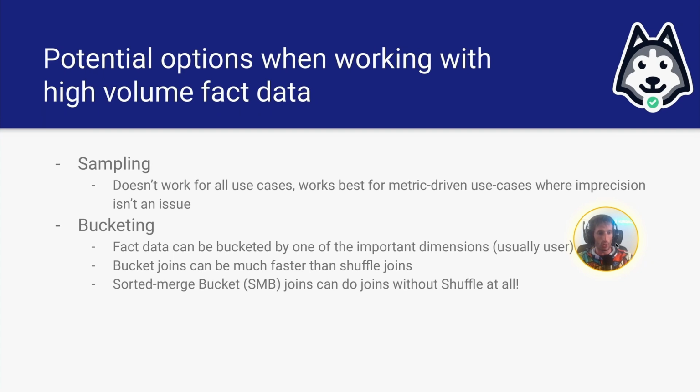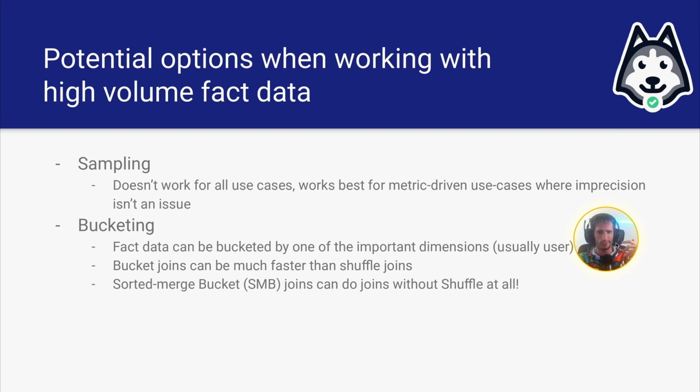The cool thing is that if you need to join on that column, you don't have to shuffle across the entire data set. You just join within the buckets, and it can be a lot faster. So you can do bucket joins. That is something we are going to cover in week 5 for the infrastructure track: how to do bucket joins in Spark, and how it helps minimize shuffle.